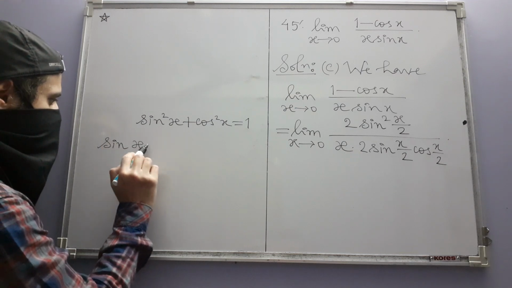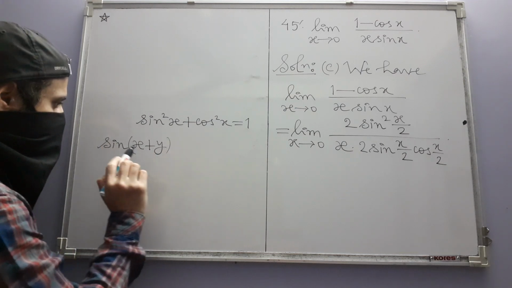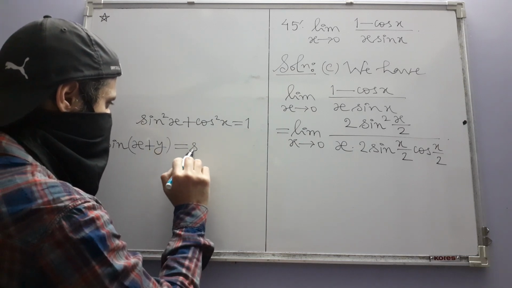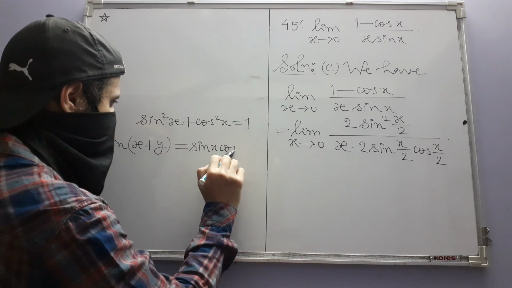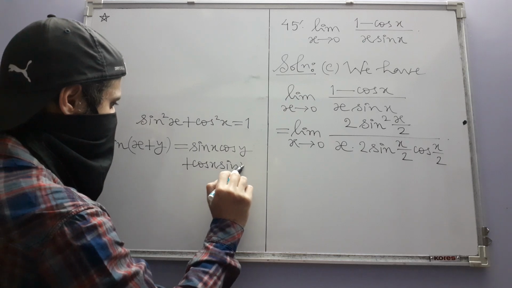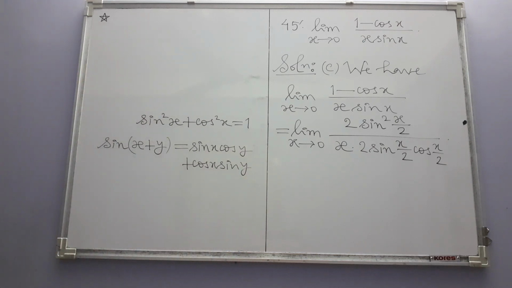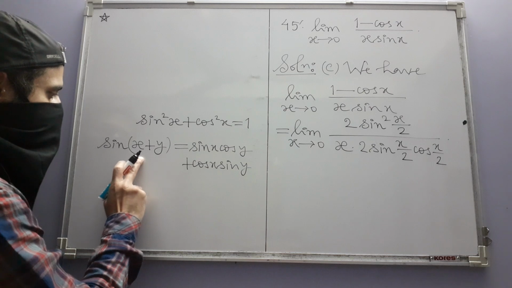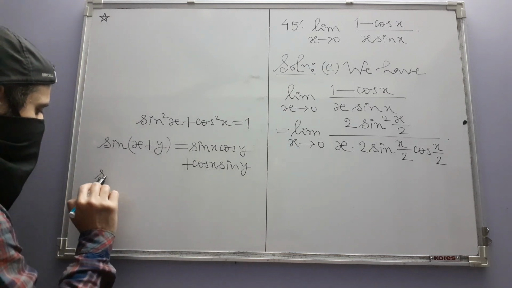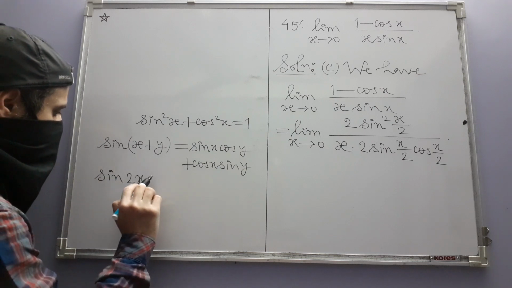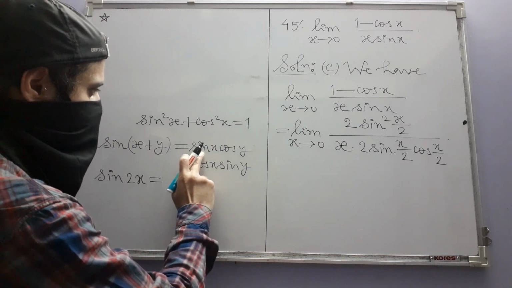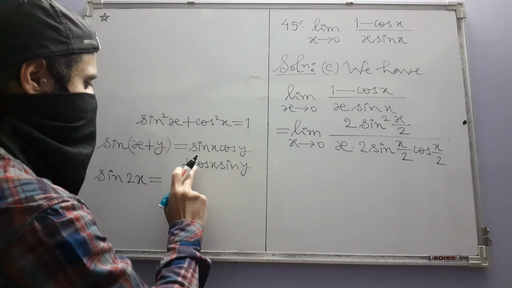Sine of x plus y. These are some things you have to remember. Sin x cos y plus cos x sin y. Okay. Now, if you take x equal to y, what do you get? That means in place of y also we are writing x. Then here you get sin x cos x plus cos x sin x.